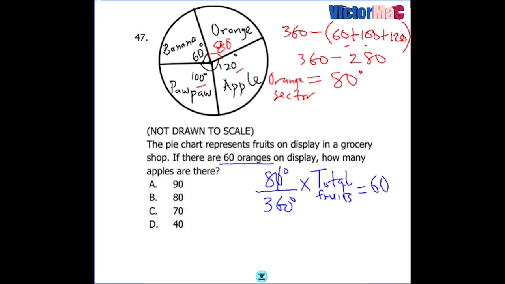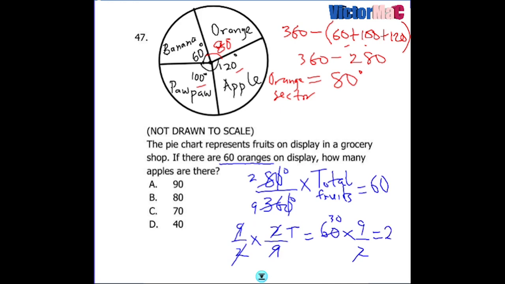So here we cancel 10, 4 here is 2, 4 here is 9, so we have 2 over 9. I'll just use T to represent the total. And then we multiply both sides by 9 over 2. 2 cancels 2, 9 cancels 9, so we have 2 here is 30. So 30 times 9 is 270, and that's the total number of fruits.